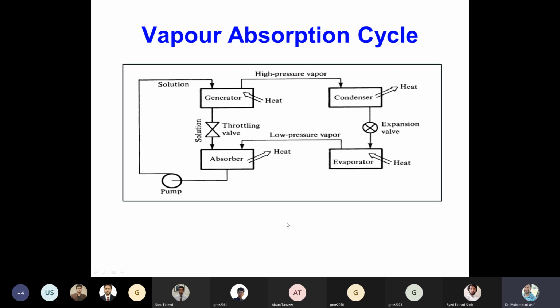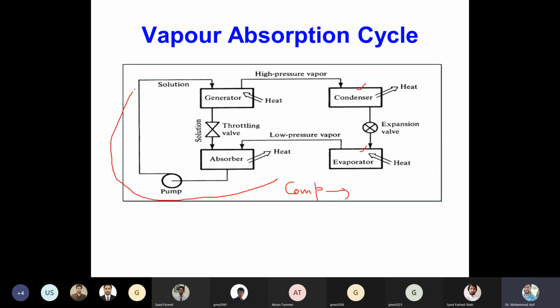Right? And then the second type of system based on solar energy is called the vapor absorption cycle, right? The three components are the same, like the evaporator and condenser, and the expansion valve. The compressor is replaced with this single component system, right?